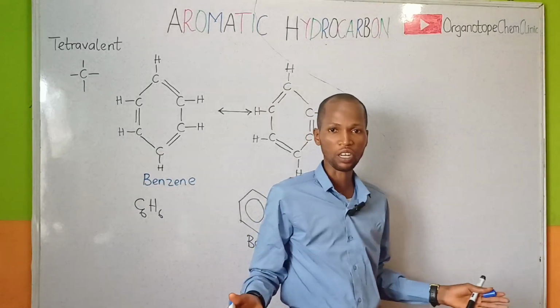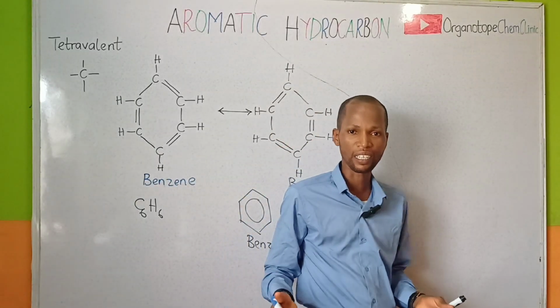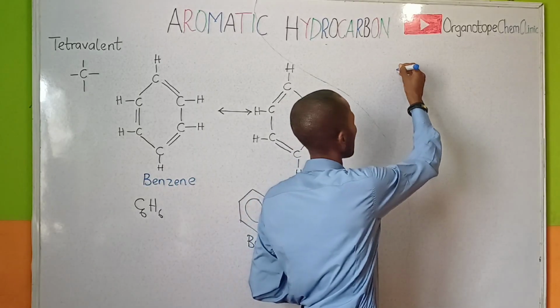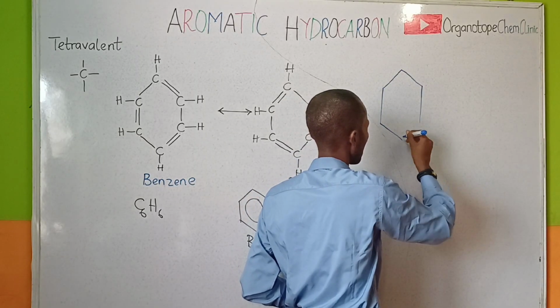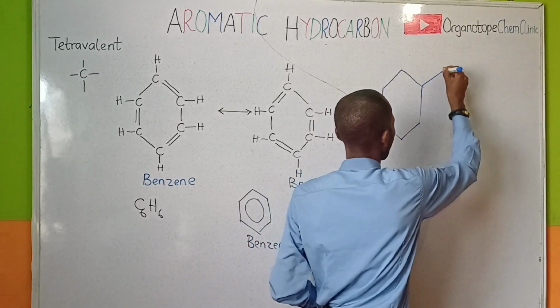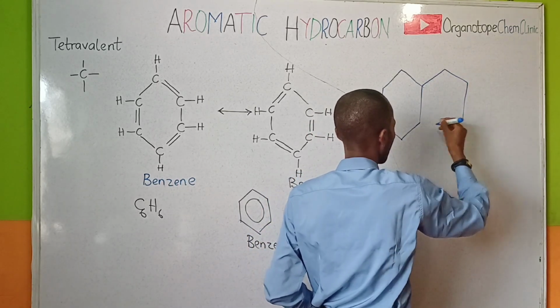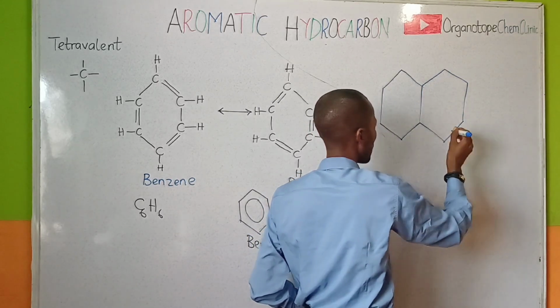Now let's deduce the structure of naphthalene and anthracene. We have 2 fused benzenoid structures for naphthalene. This is cyclohexane rings fused together.